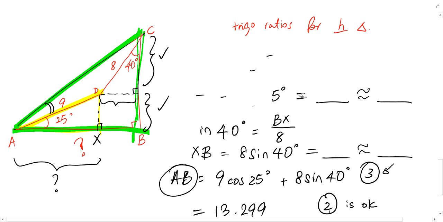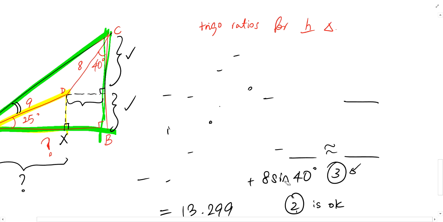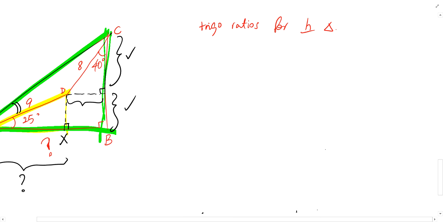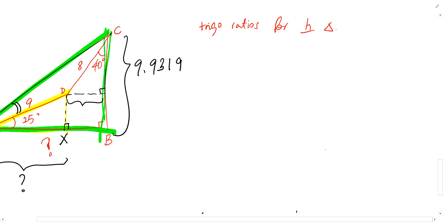So I'll take it that part B is done for you guys. Can I have the answer for the length of BC? 9.9319. Okay, very kiasu people.